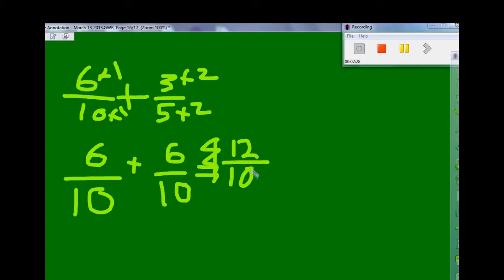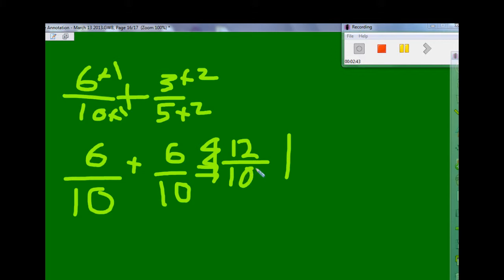And so you want to ask yourself, how many times can 10 go into 12? That's once, right? Because 10 can only go into 12 once. If you said it could go into 12 two times, it couldn't, because 10 times 2 equals 20.